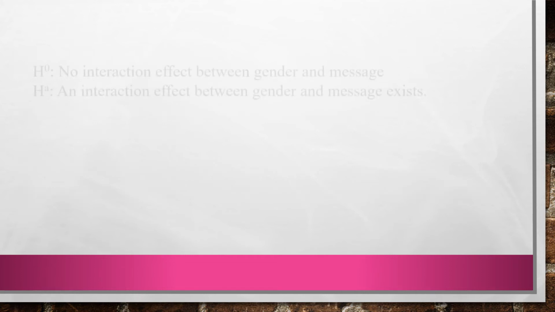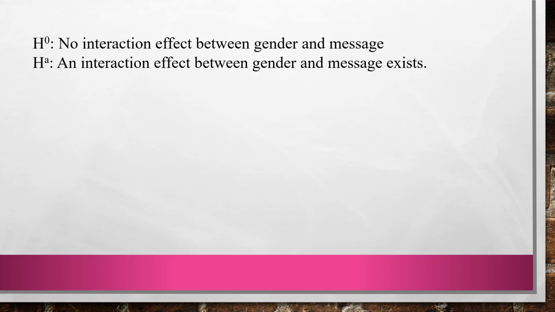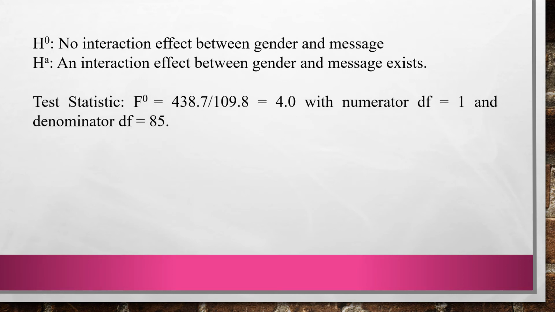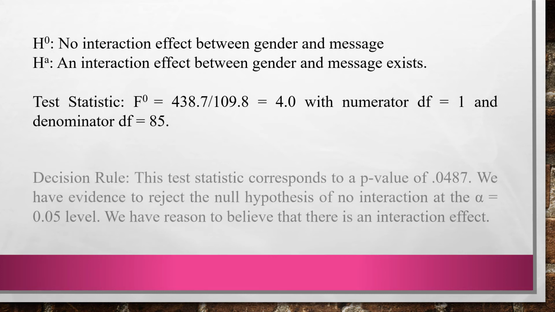Okay, for the null hypothesis, there is no interaction effect between gender and message; the alternative is that an interaction effect between gender and message exists. So the test statistic is F equal to 438.7 over 109.8, which is equal to 4.0, with numerator df equal to 1 and denominator df equal to 85.